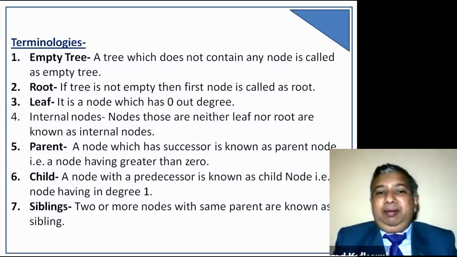Parent. A node which has a successor is known as a parent node. Child, a node with a predecessor is called a child node. Siblings, 2 or more nodes with the same parent are known as siblings.